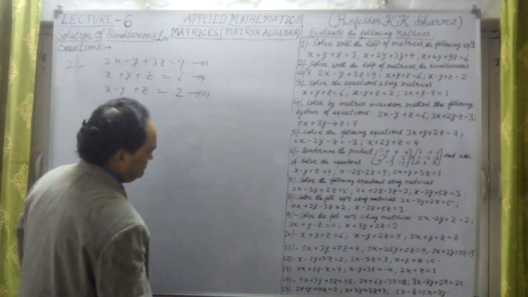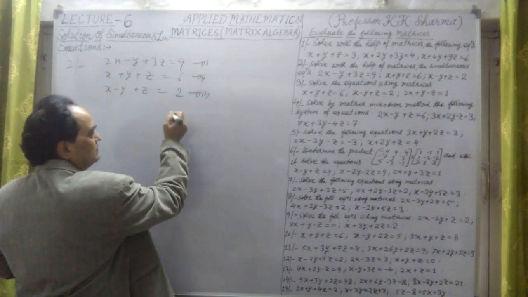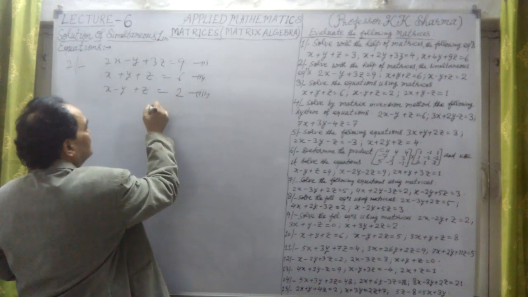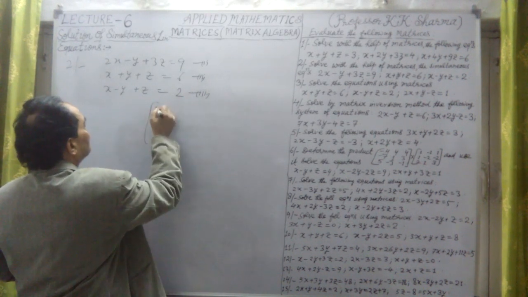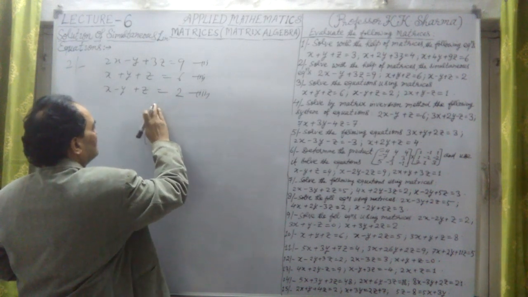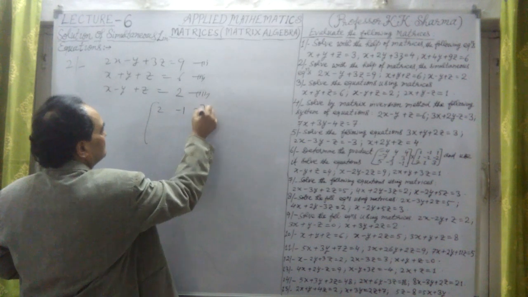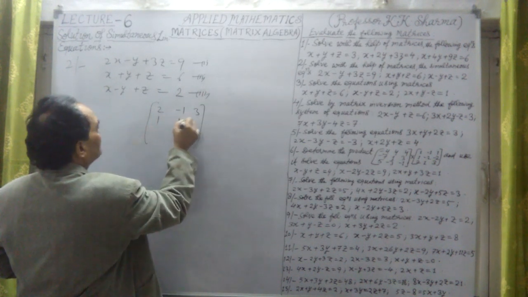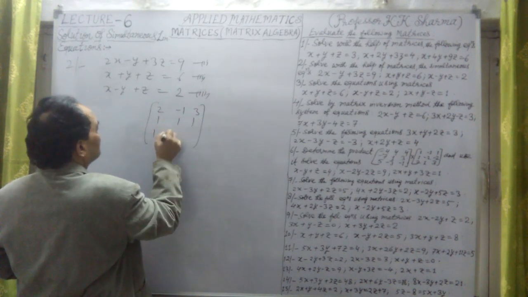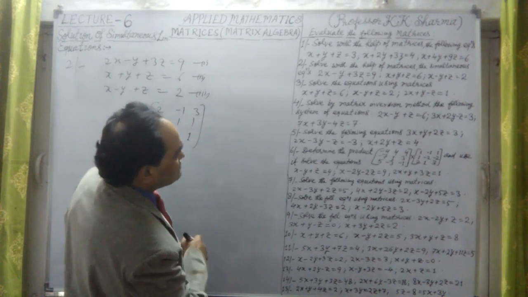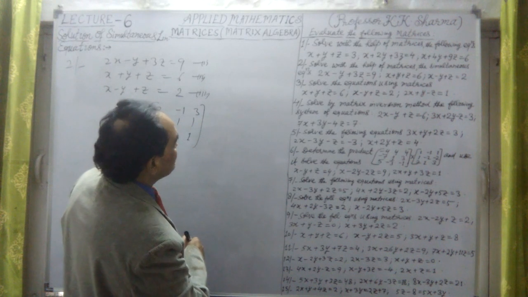Okay. Again, we have to write them in matrix form. So let me write in matrix form. This is 2, minus 1, 3. This is 1, 1, 1. This is 1, minus 1, 1. Third equation is x minus y plus z.